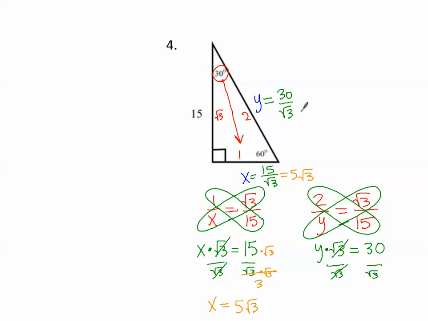Again, at this point, I could take out my calculator if I needed the decimal, or I could rationalize it. Multiply denominator and numerator by square root of 3, because then that makes 3. 3 goes into 30 10 times, so another way to write this is 10 square roots of 3.